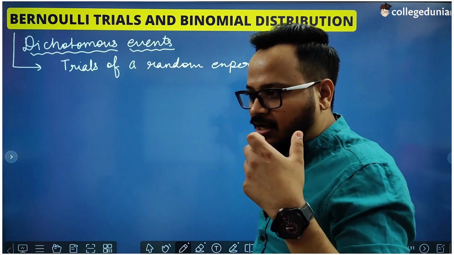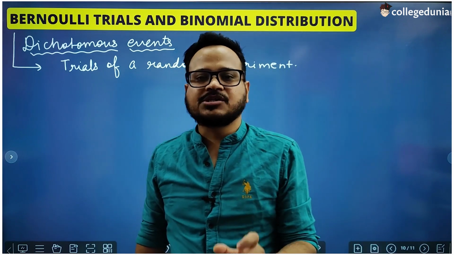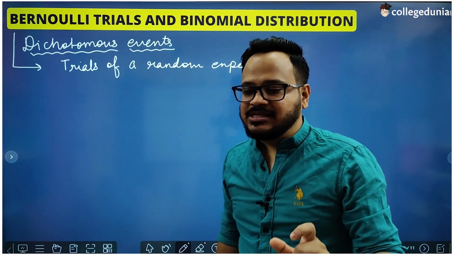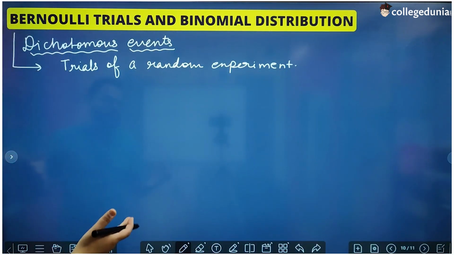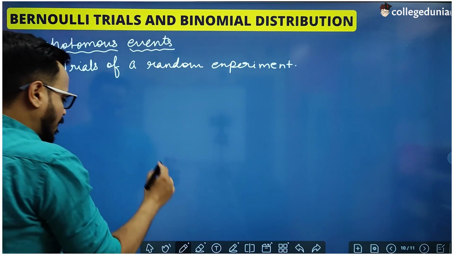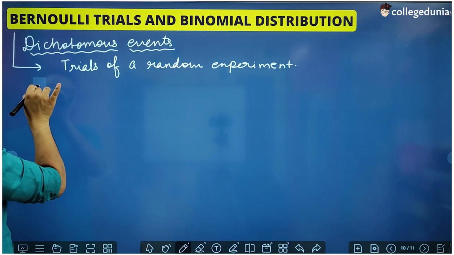For example, let us consider the experiment of tossing a coin. If I am tossing a coin 10 times, then I will say that number of trials are 10, right? But to call the trials of a random experiment Bernoulli's trials, they should fulfill four conditions.